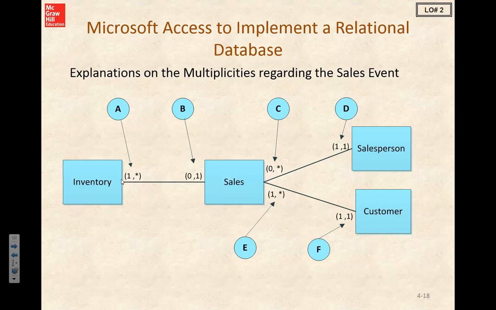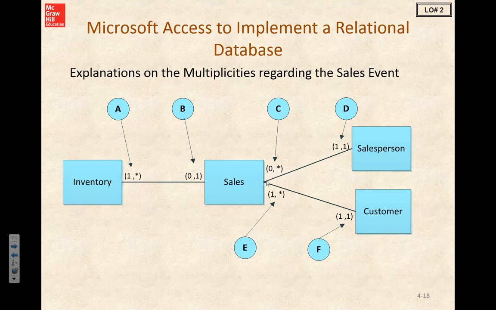So he's going to sell 1, or he's going to sell many. For B, every pair of sunglasses that Steve's Styling Sunglasses creates is unique and could be sold only once. So his inventory can only be sold 1 time. There could be none, or there could be 1 sale off of the inventory.